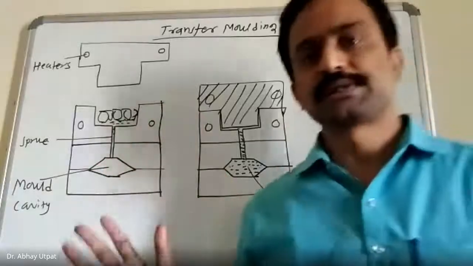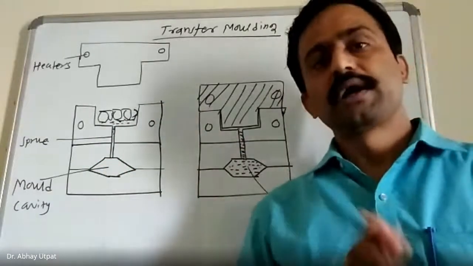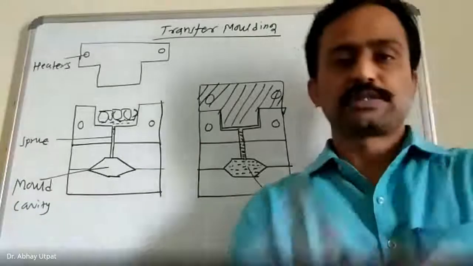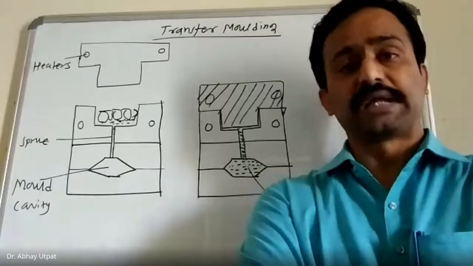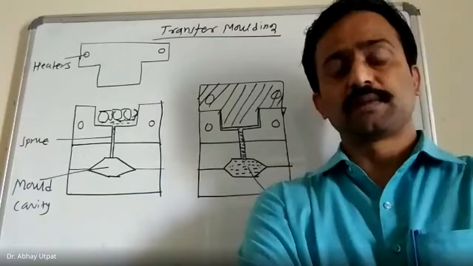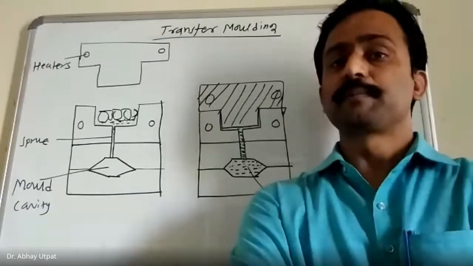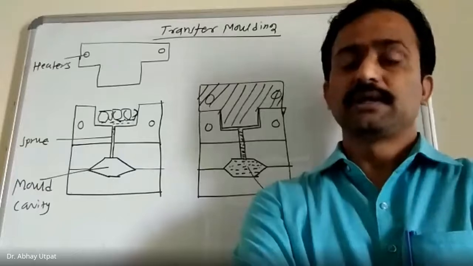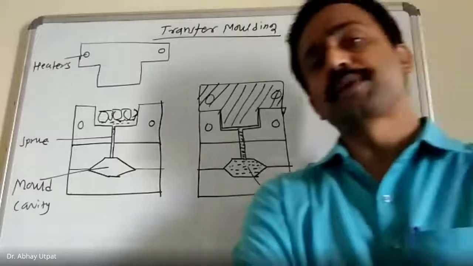Okay friends, this is all about transfer molding. Today we have completed compression molding and transfer molding. Both processes are used for producing thermosetting components, or thermosets. Here every care is taken for minimum charge. Sorry, not minimum, I will say optimum charge.